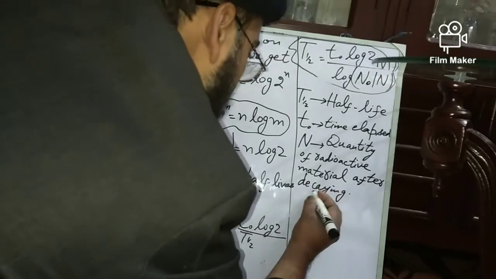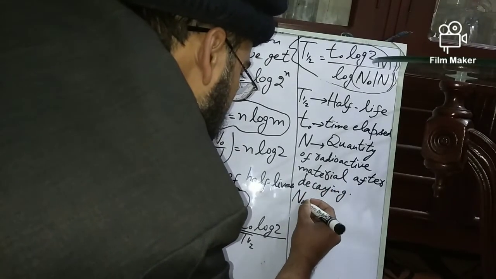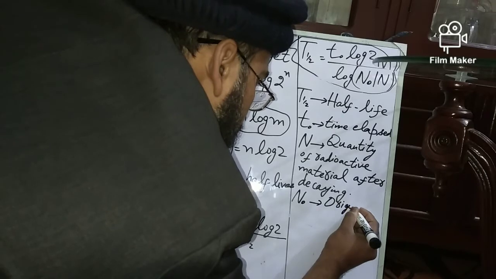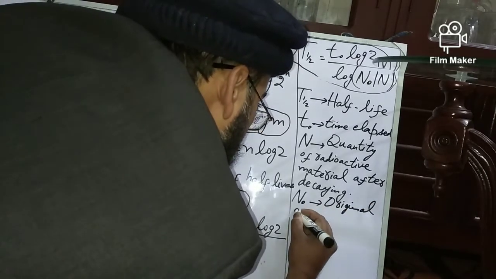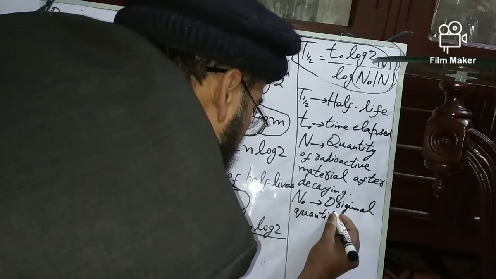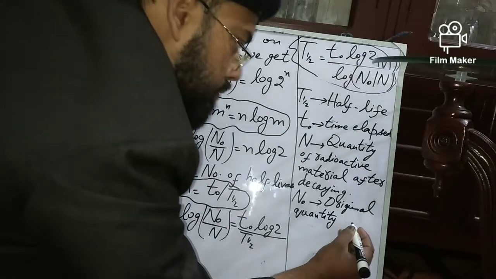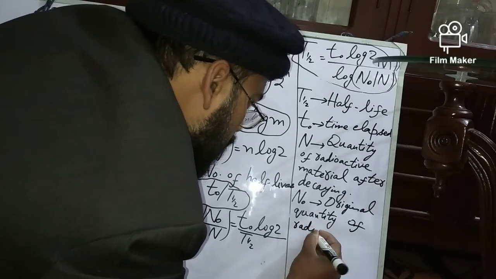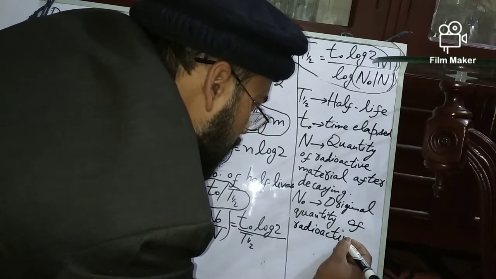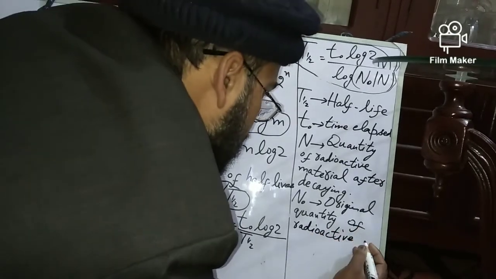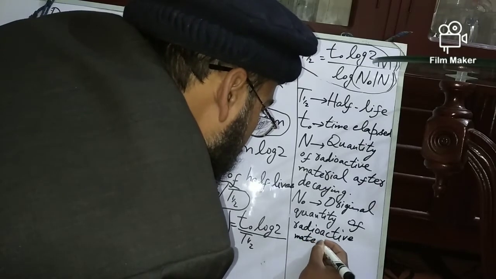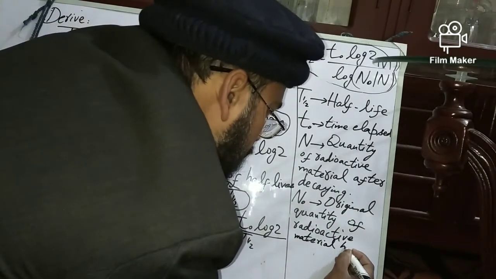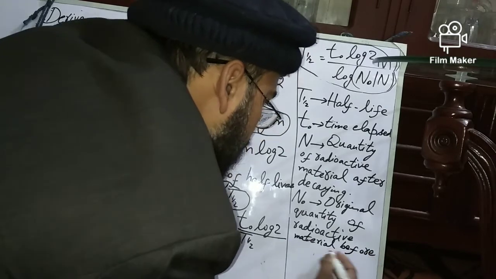Furthermore, we can calculate N naught, that is the original quantity of radioactive material before decaying.